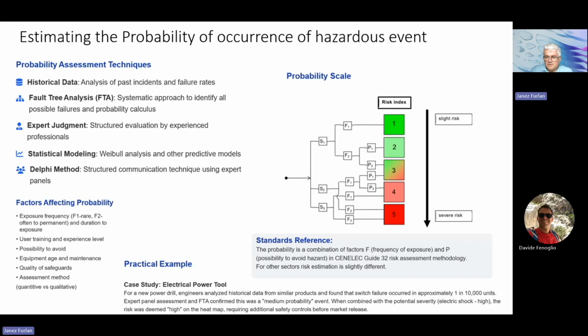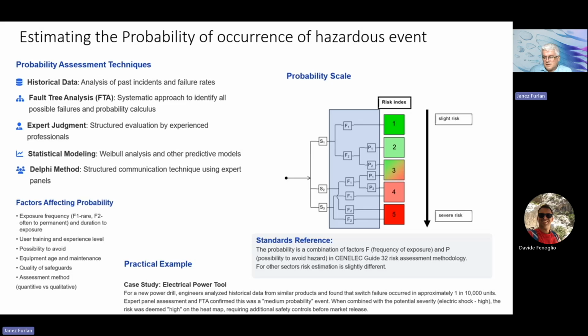Maybe I will not go into details, but some of the methods can be computational, that means it can be calculated, while some of the other methods rather use qualitative assessment. And this assessment is also used in the CENELEC Guide 32, where on the right side you can now see the shaded rectangle, a section that defines the probability that the occurrence of hazardous events will actually take place.